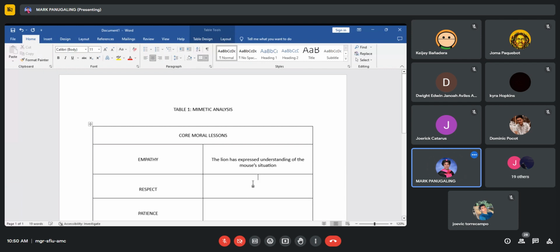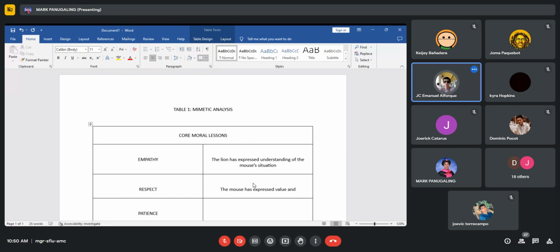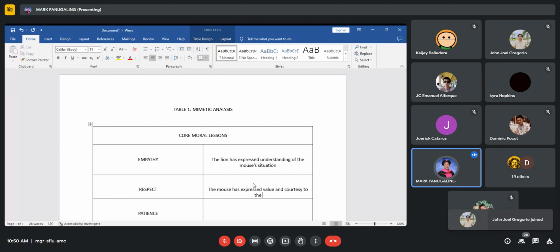Then respect: the mouse has expressed value and courtesy to the authority of the, I don't know what your story is all about.